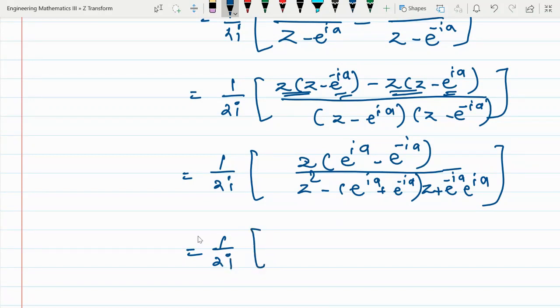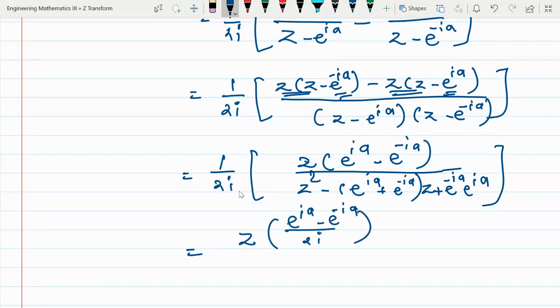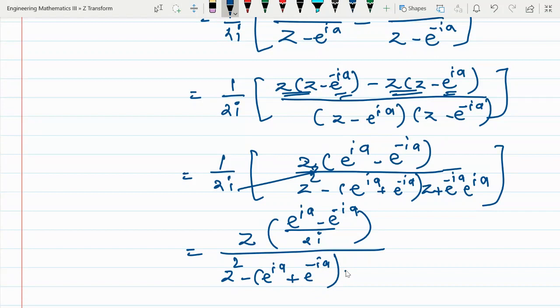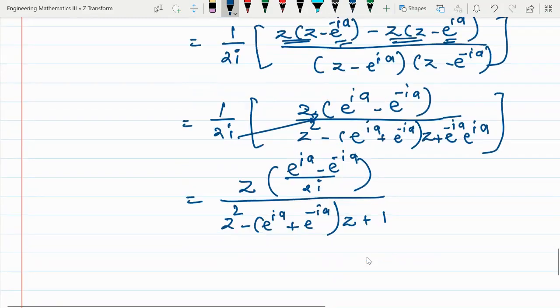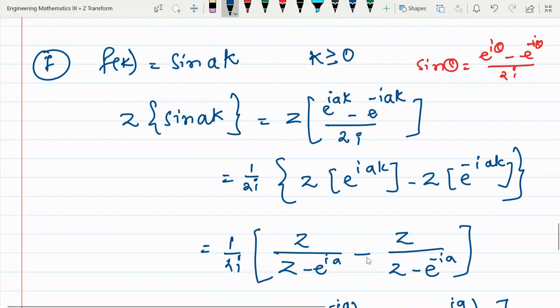Now if we bring this 2I into the numerator, it is Z into e raised to IA minus e raised to minus IA divided by 2I, upon Z square minus e raised to IA plus e raised to minus IA. Oh my god, this is somewhat lengthy. This is just a calculation part, I'm not doing a different thing.